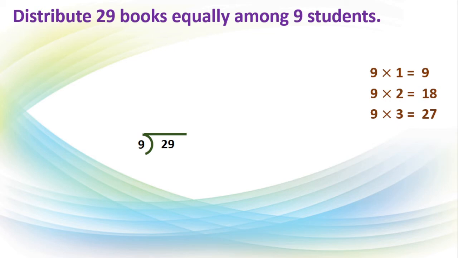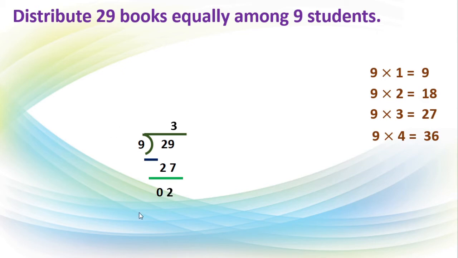Yes, dear children, we will take 9 threes are 27, because 36 is greater than 29. Right? So we will write here 9 threes are 27. Correct? Now we will minus 27 from 29. What remained here? 9 minus 7, 2. 2 minus 2, that is 0.